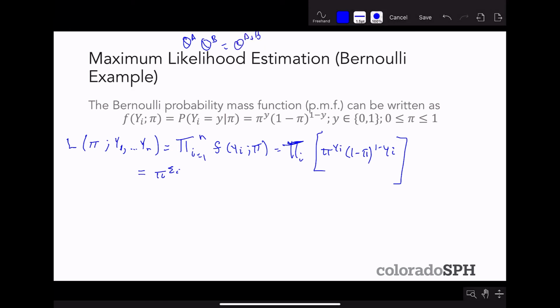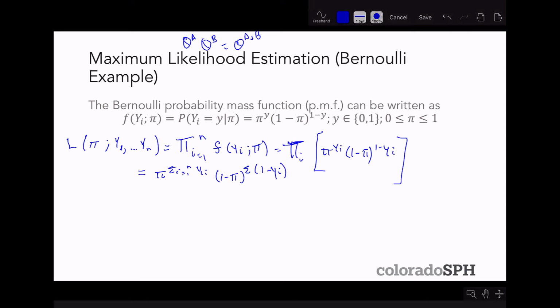That's just a rule of exponents. So you can bring that summation i equals 1 to n of yi times 1 minus pi to the summation of 1 minus yi.